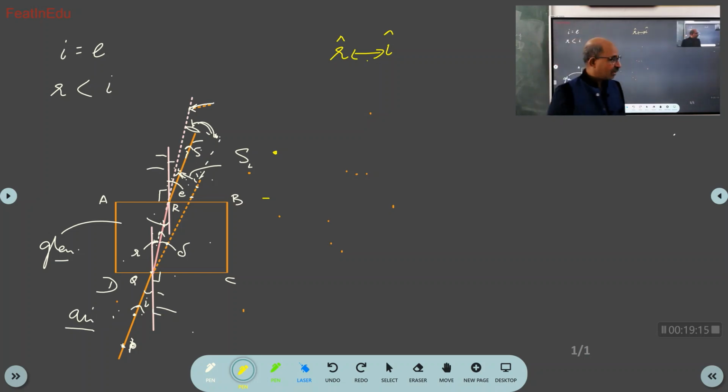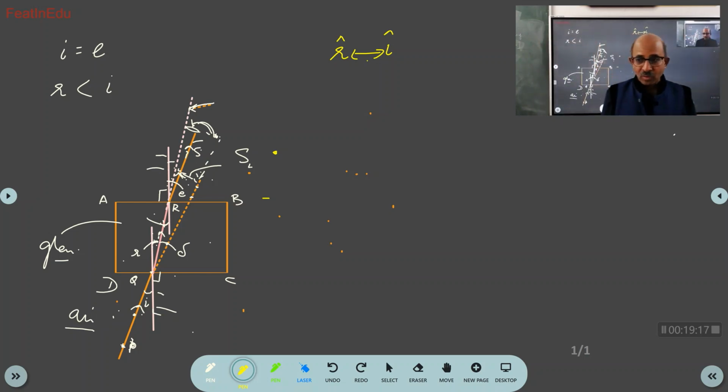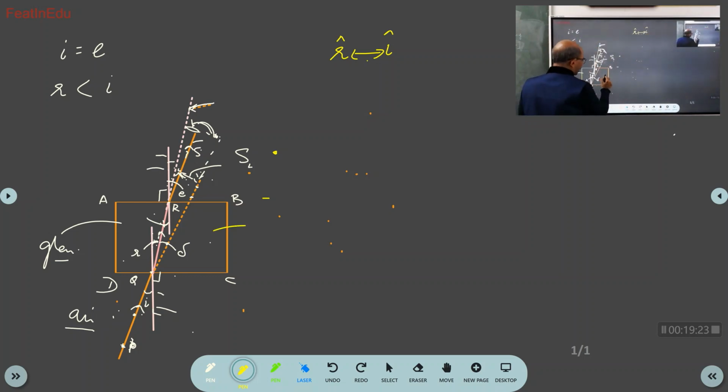So right now, I am going to define one physical quantity. If I keep this medium of glass here, then this angle of refraction is something. Instead of this glass, if I keep water, then the angle of refraction will be different. The experiment that I have to conduct is to use different materials.